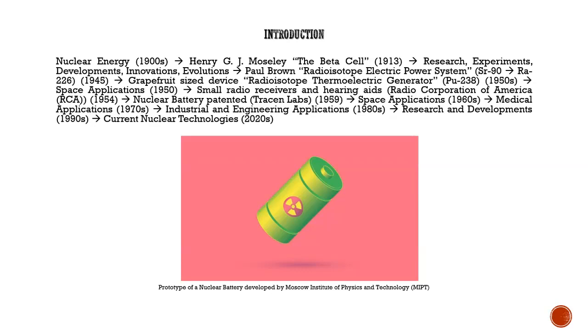Now, radiation is the emission of alpha, beta, and gamma particles. These three particles constitute the radiation emission. Alpha particles are the combination of protons and neutrons.